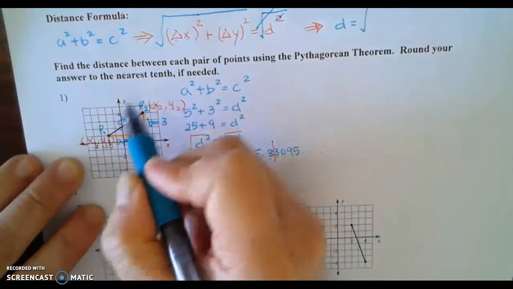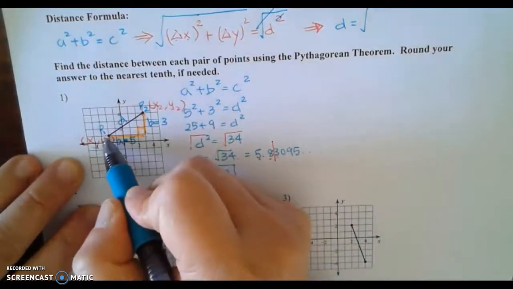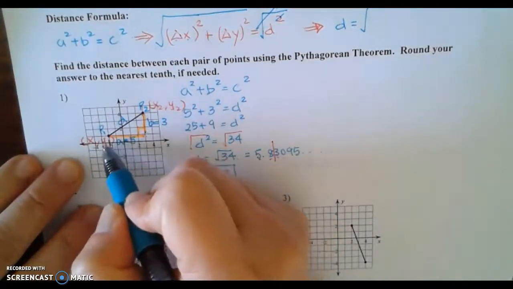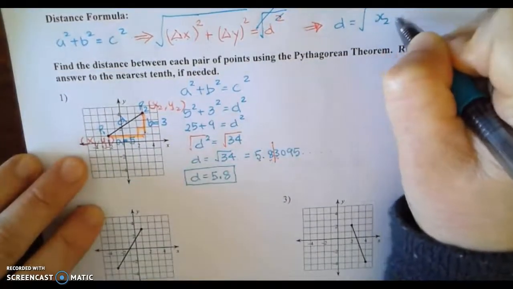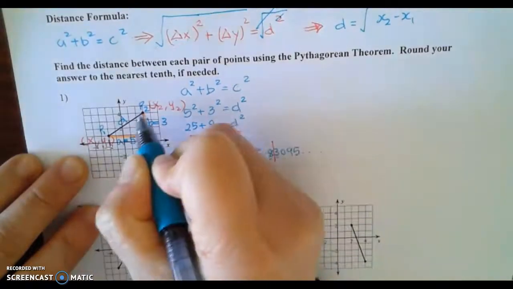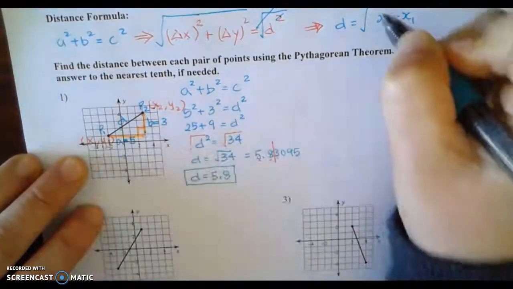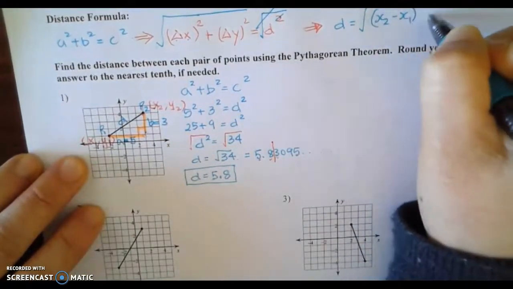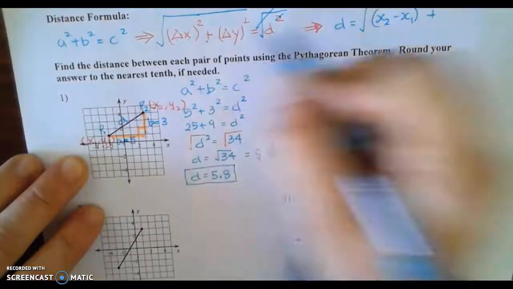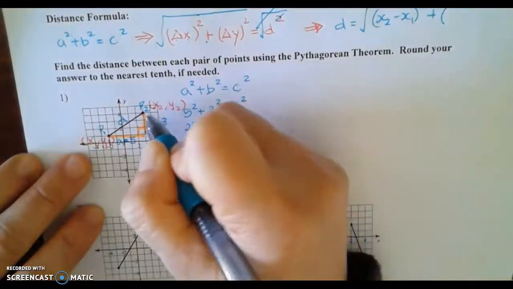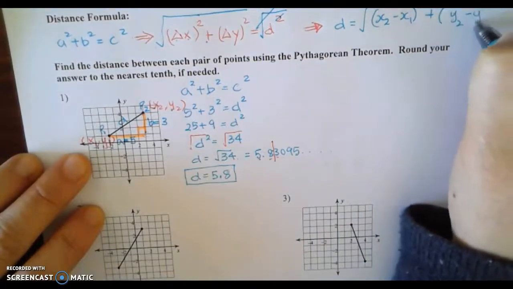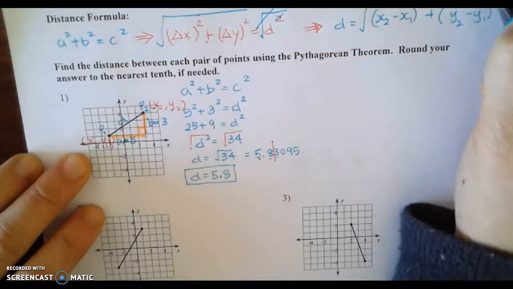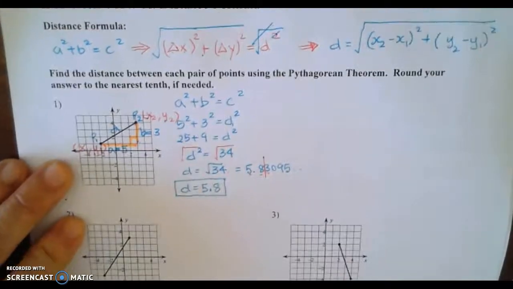How did the x value change? To find how much it changed, it's really x2 minus x1, all squared, plus, there's a plus here, and change in y is y2 minus y1 all squared. So that's my distance formula.